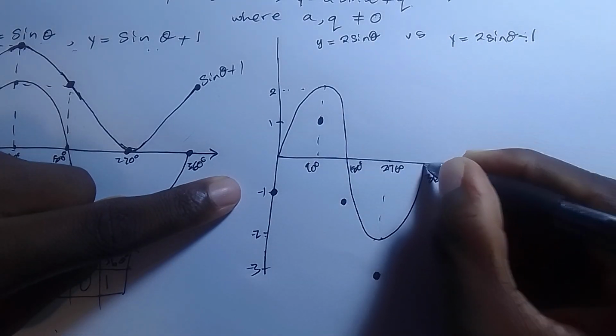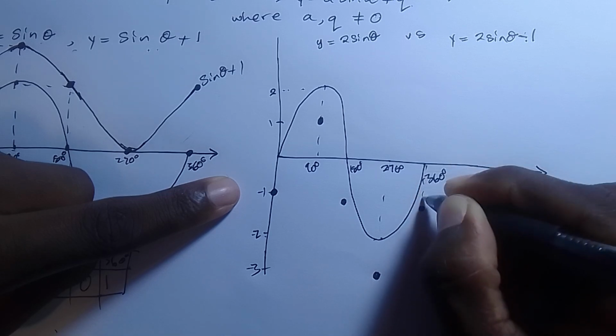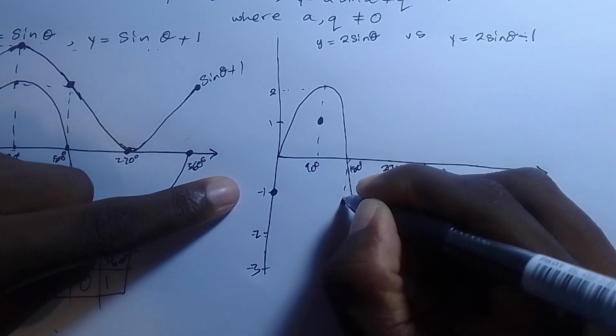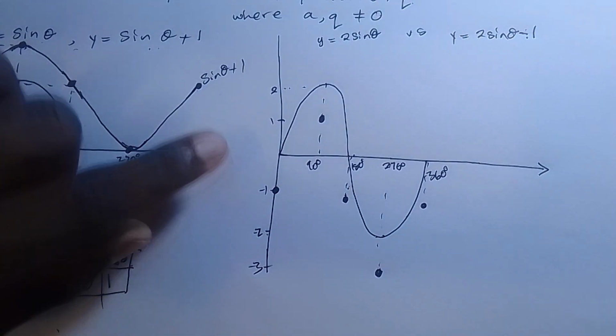This point will shift 1 unit downwards, so it will be here. This is still at 360, this is still at 180, this is still at 270, and so on.